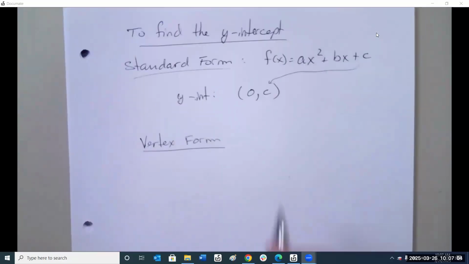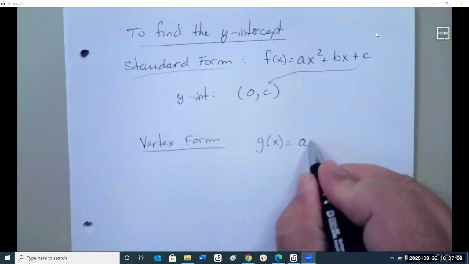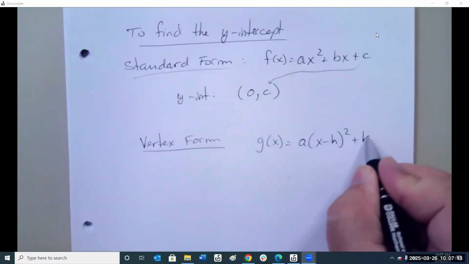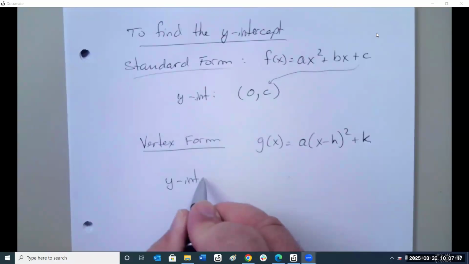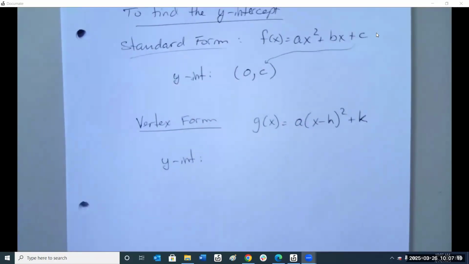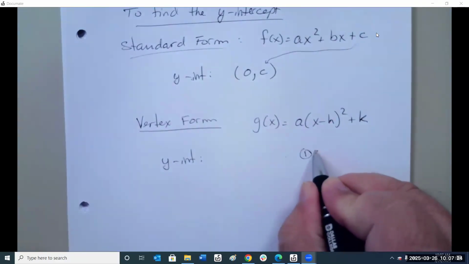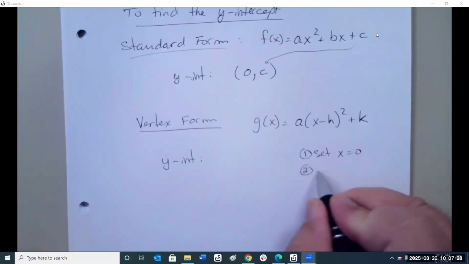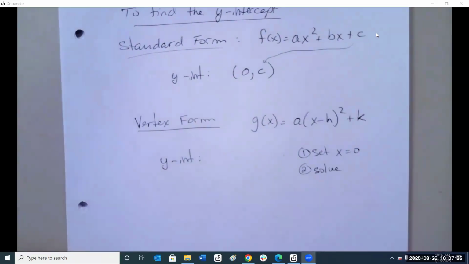If it's in vertex form, the y-intercept is a process. Set x equal to 0, and then solve.